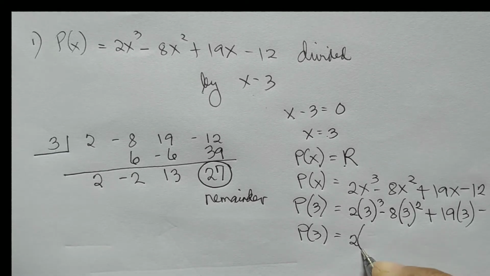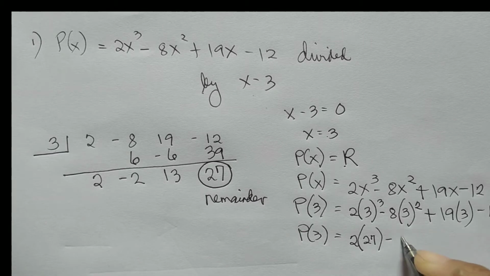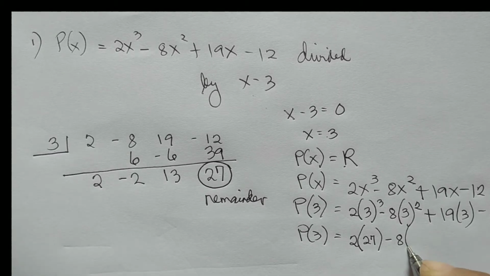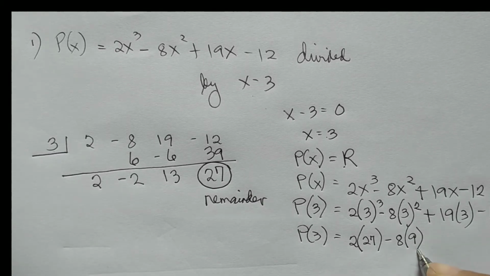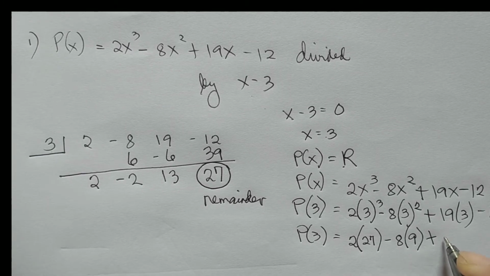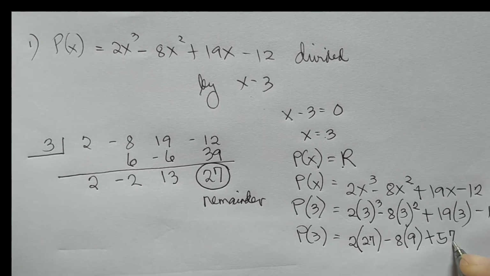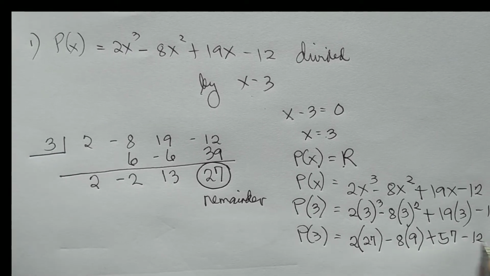2 times 3 cubed, 3 cubed is 27. Minus 8 times 3 squared, which is 9. Plus 19 times 3 is 57, minus 12.